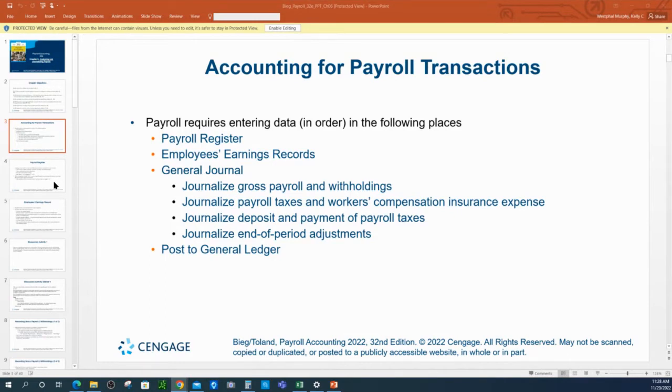And somebody had mentioned to me that in Prin 1, or maybe it was Intro to Accounting, you just went through payroll. So this may be a review for some of you. But those are all the transactions that trigger the journal entries and the cycle for entering all of that information.